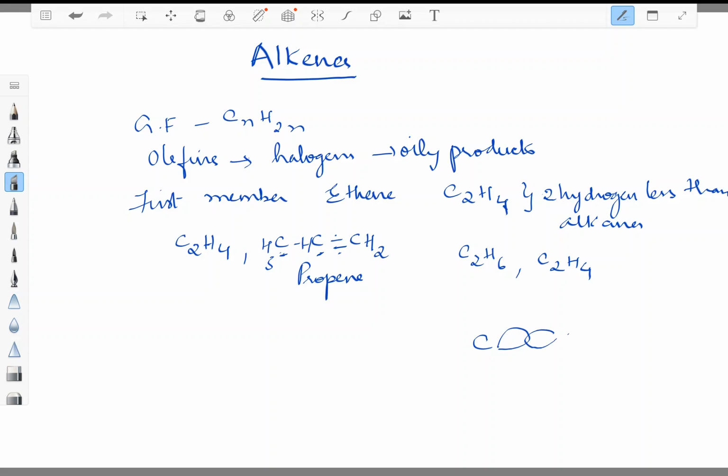This sp2 hybrid orbital of two carbons is responsible for the formation of a sigma bond here. This sp2 orbital overlaps with the s orbital of hydrogen for a sigma bond, and this sp2 orbital also overlaps with the s orbital of hydrogen to form a sigma bond, and this is also in the same way a sigma bond.